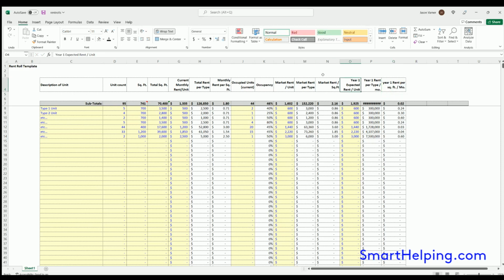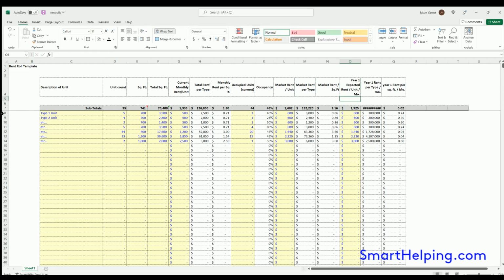This is all per month. Per month, market rent per square foot per month.